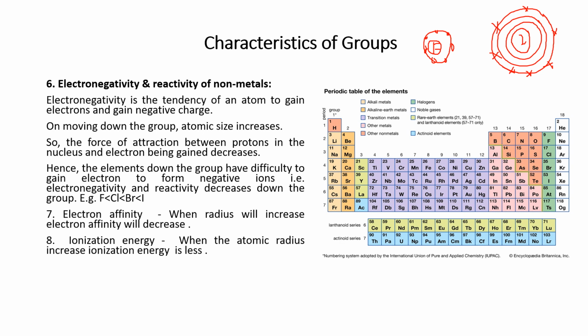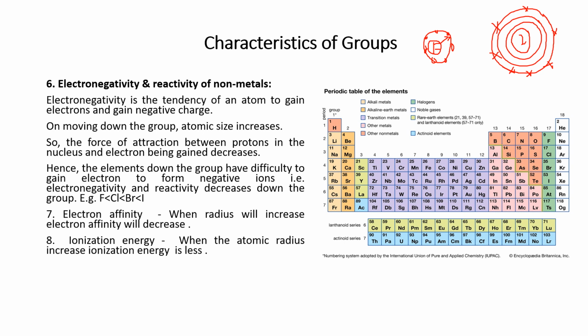In fluorine, the attraction between proton and electron is more than in iodine, because fluorine's first shell is near to the nucleus, so the positive-negative attraction will be more.